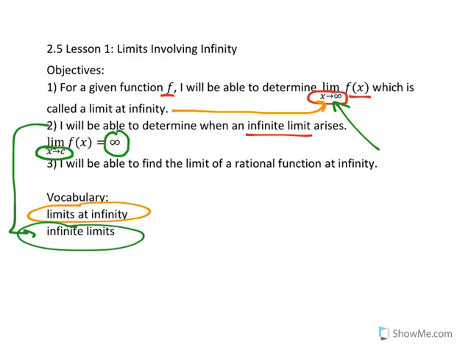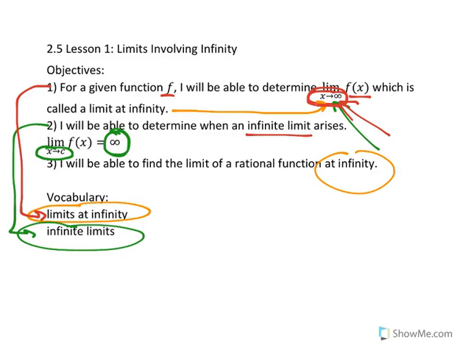So that's objective 2. In objective 1, it is the input that is approaching infinity, and we call that a limit at infinity. For objective 1, the input could also be approaching negative infinity. For objective 2, the output could also be approaching negative infinity. Objective 3, you'll be able to find the limit of a rational function at infinity.